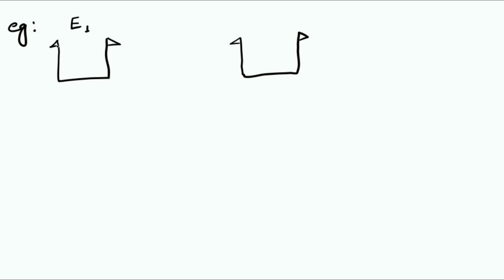So suppose I have two bags. One is E1 and another is E2, because most of the time we will be using E1, E2. Don't worry, I will do problems on this also.